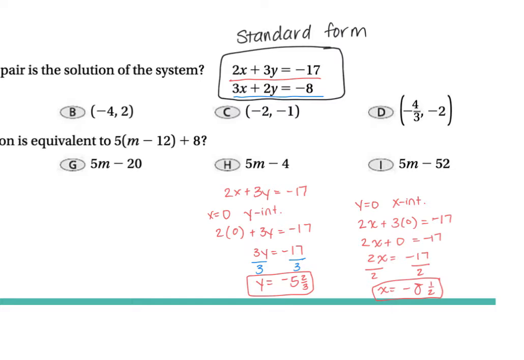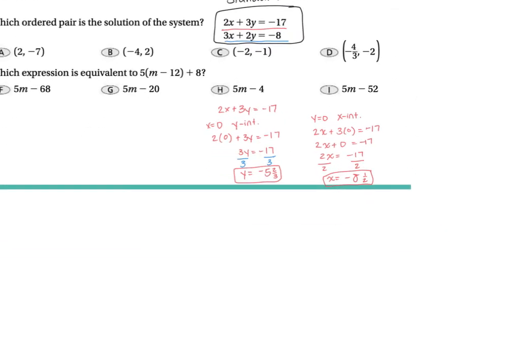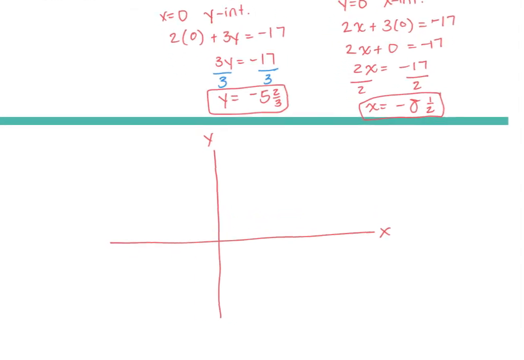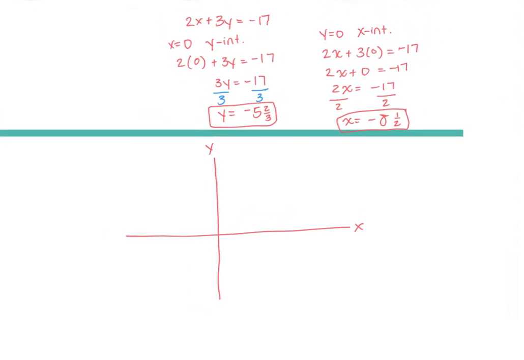Okay, so that's our first one. Let's go ahead and graph that, okay? So I'm going to draw a y-axis down here and an x-axis. And our y-intercept is negative 5 2/3. So let's go down 5 2/3.